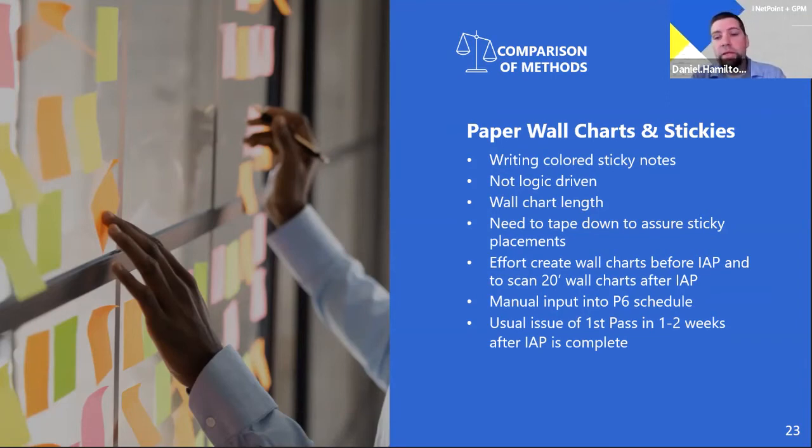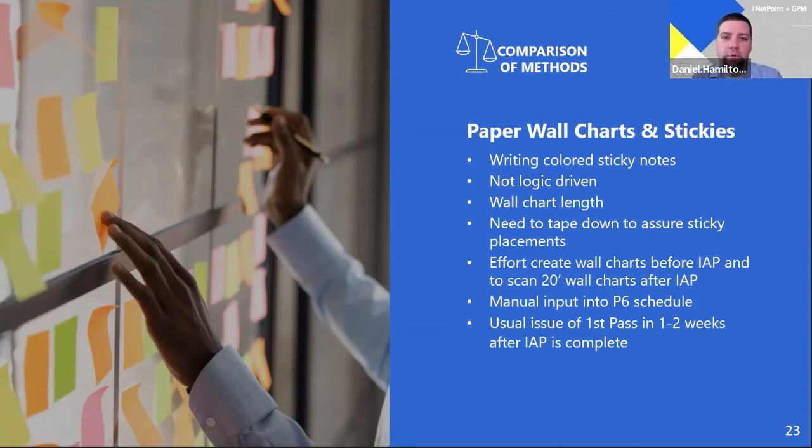I found myself also many times in a wall chart sticky note IEP where the original duration was 6 months before the interactive. So I made a 6-month wall chart, and come to find out, when we put all of our activities there, the project was actually 8 months. And I found that all the disciplines ran out of room.